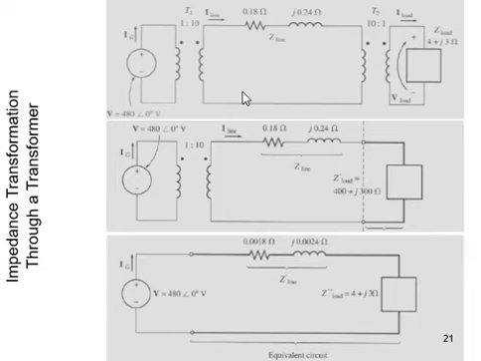So if the value of Z line is 0.18 ohm plus j 0.24 ohm, then Z bar line would be 0.0018 ohm plus j 0.0024 ohm. So now we have successfully transformed the impedance through a transformer.